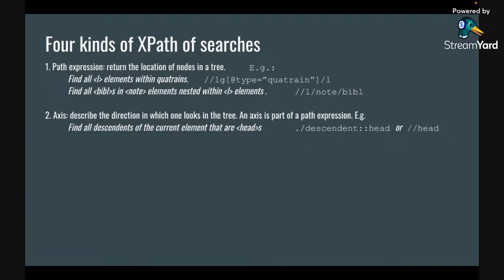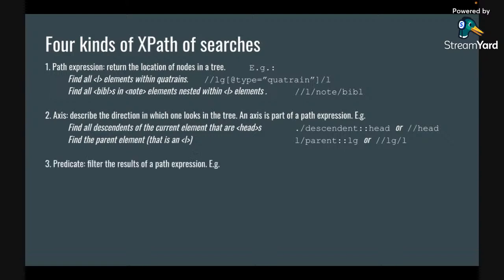That could be written with the context node dot followed by a slash with descendant::head, or you could simply use /head. Similarly, if you want to find the parent element of anything that is an L, you can do it in this way using /LG/L, or the first example of a pure axis expression.